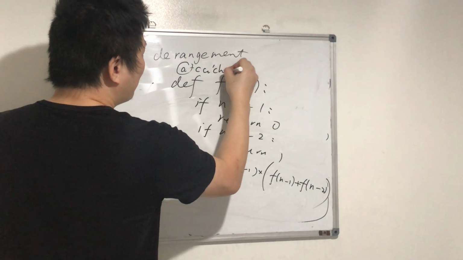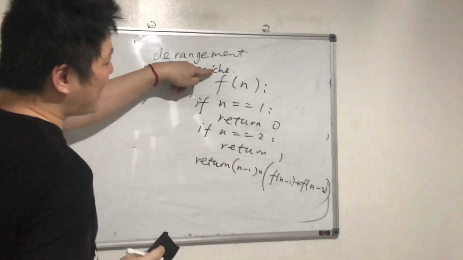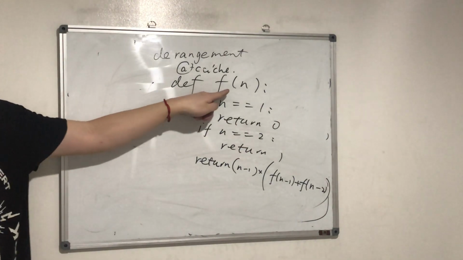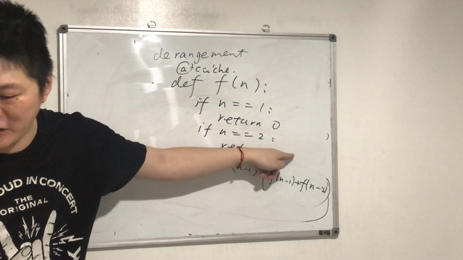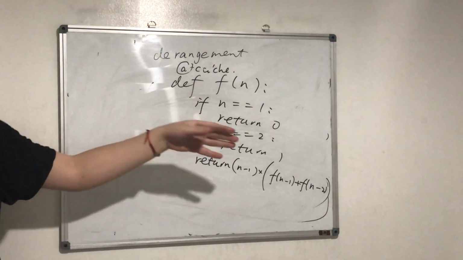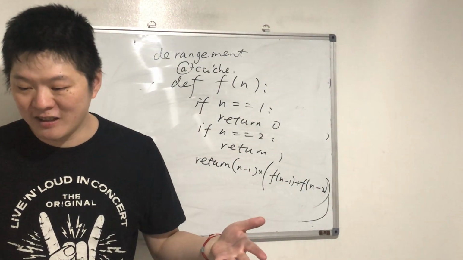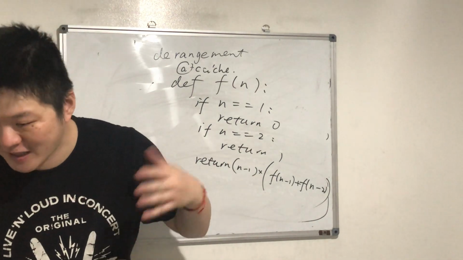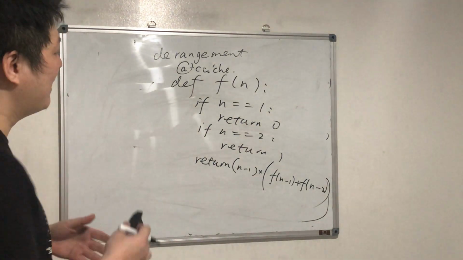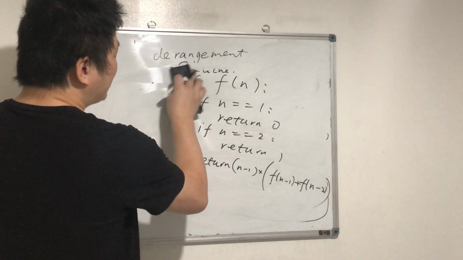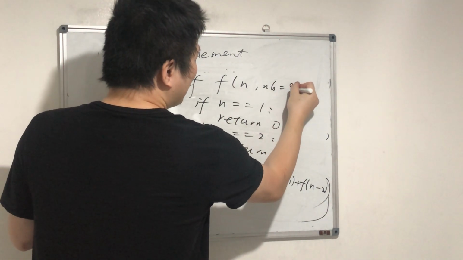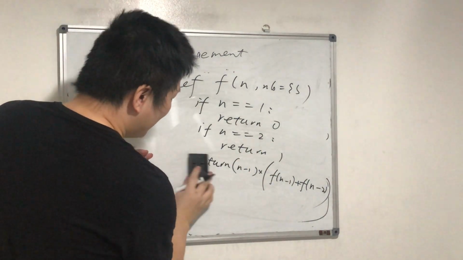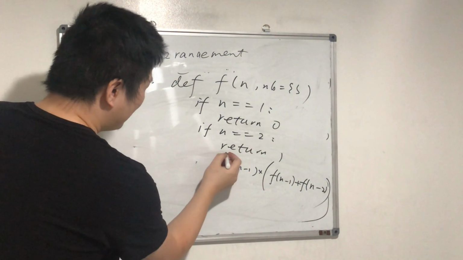Or the notebook, yeah? Remember the notebook? With this, the computer knows if it calculates F10, for example, the next time you ask for F10, it will return the value without calculating it, right? So with the notebook, how do we do this? You can just add it.